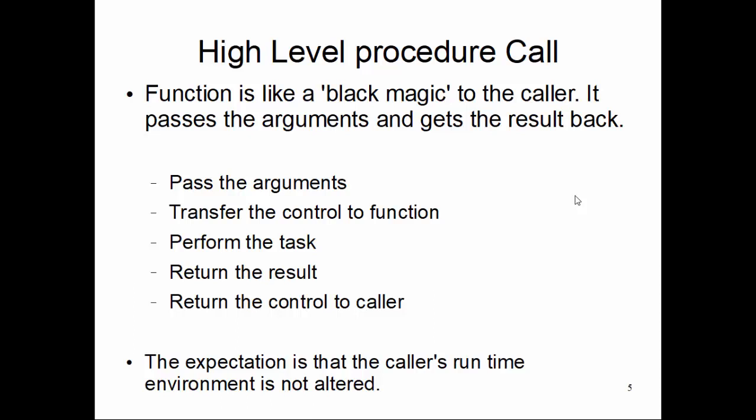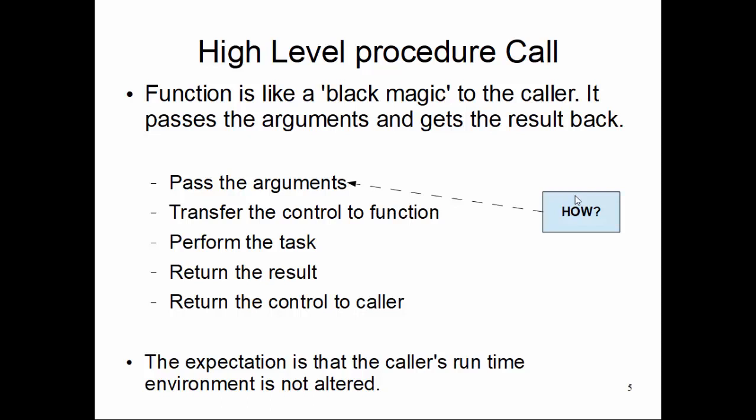So a couple of basic things here we are doing, knowingly or unknowingly. One is that we pass the argument, and we need to know how we'll be doing that at the low level. Passing the argument at the high level, we all know, as we have done programming in a high level language. At the low level, we need to know how to pass an argument.